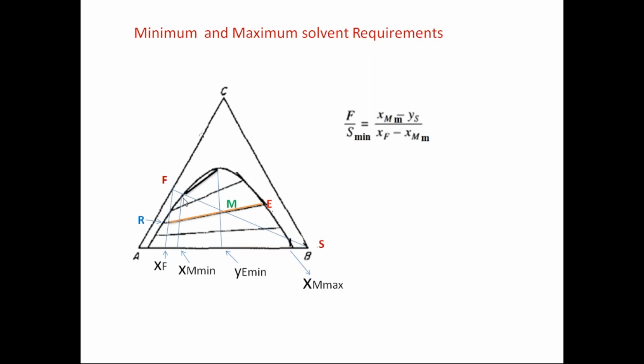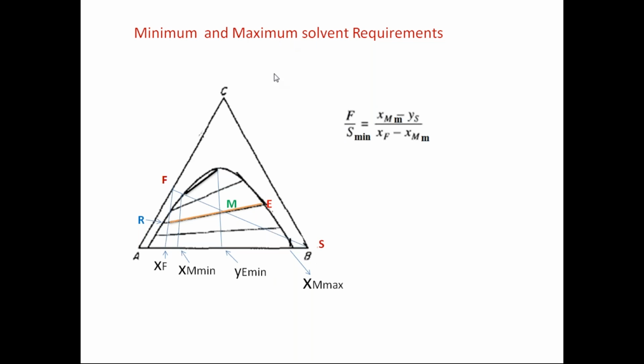So you can find out in this fashion the minimum solvent which you require for the concentration of this much in the feed mixture to separate the solute for a given system of A, B, C. It can be estimated by using this equation and finding this one.